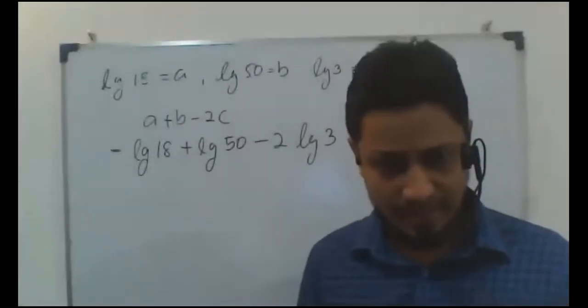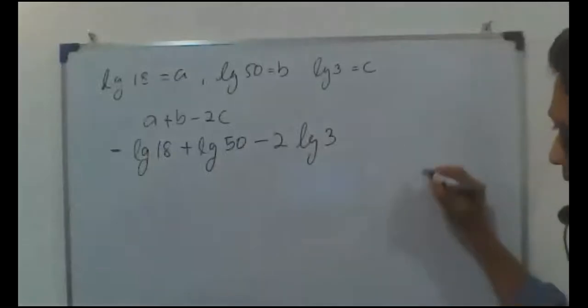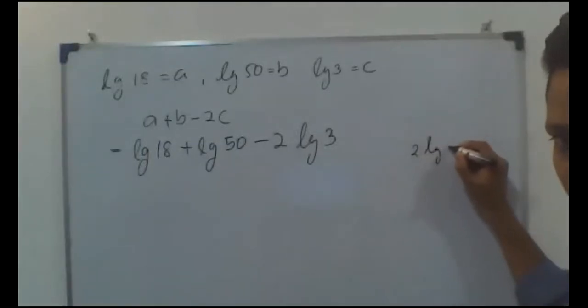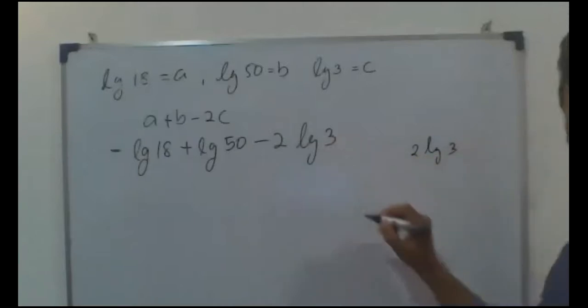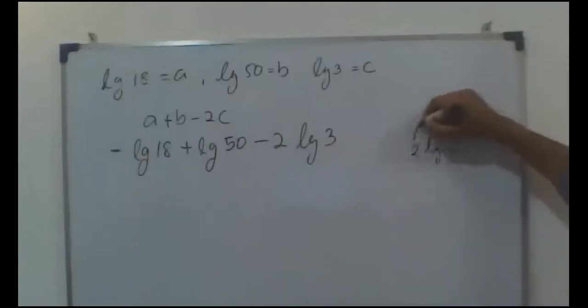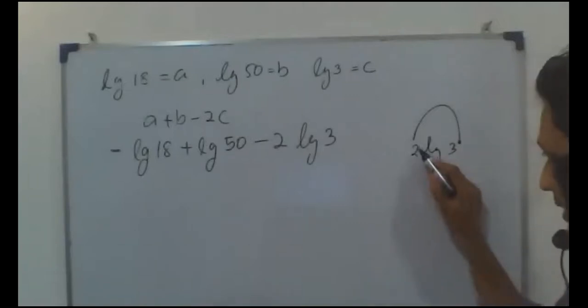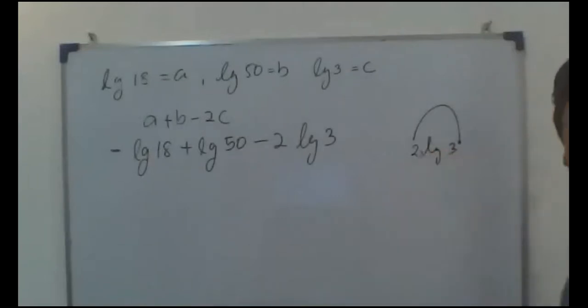What's the next step you studied? Do you remember or not? When we have, for example, LG 3, I'll take this question, right? This 2 we can take as an index, because the multiplication is in front of that.